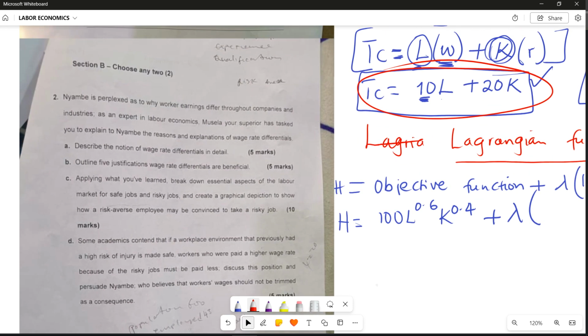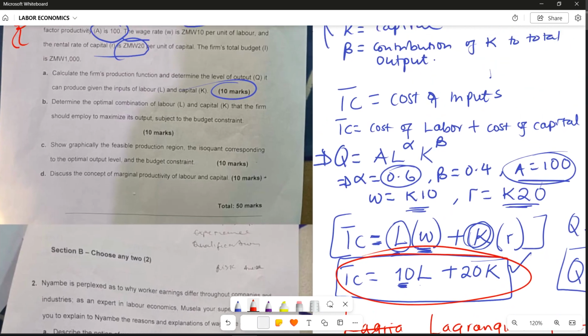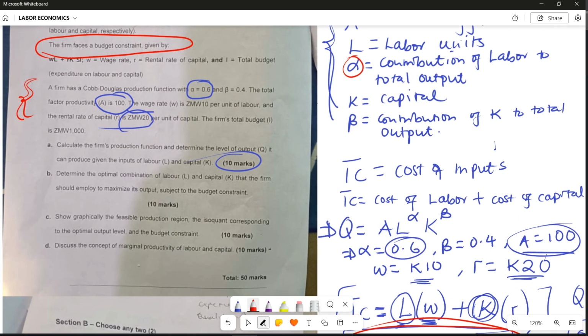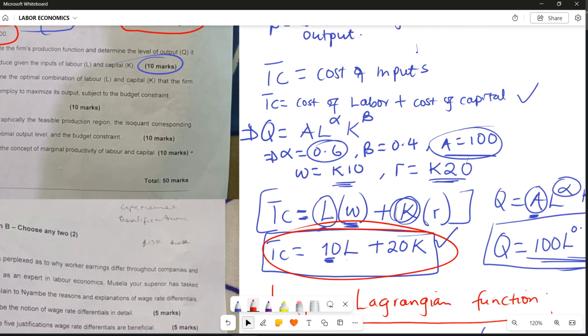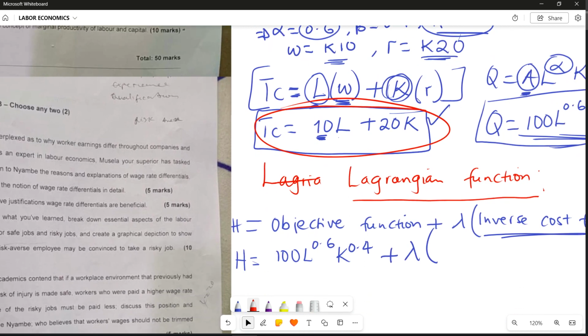Maybe we didn't finish reading something. There's 1,000 somewhere. The statement is saying the firm's total budget is 1,000. So we didn't consider the 1,000. Where do we put it?